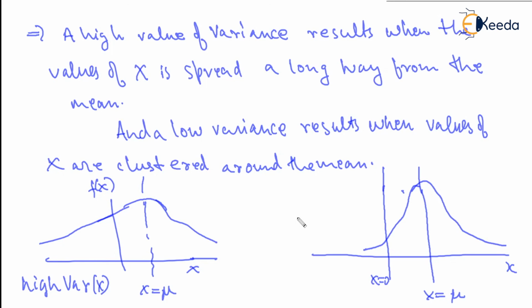So in this case the variability is less and it has low variance. If it is having low variance, we say it has more consistency. High variance is less consistency and low variance is high consistency.